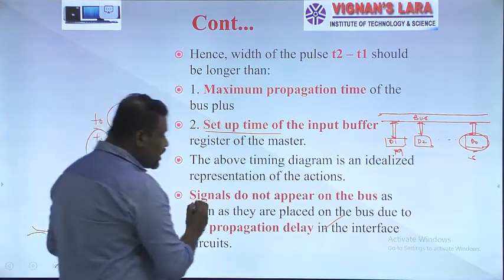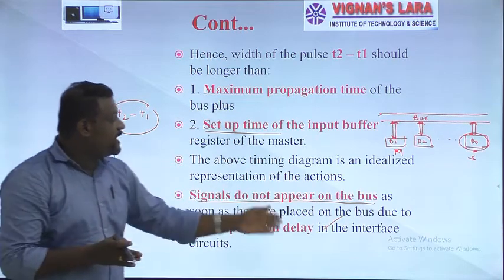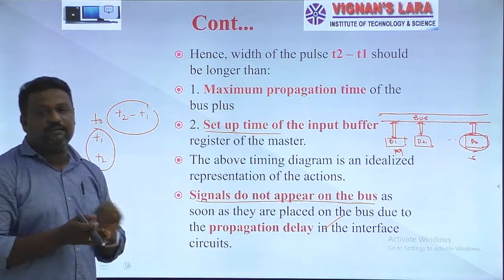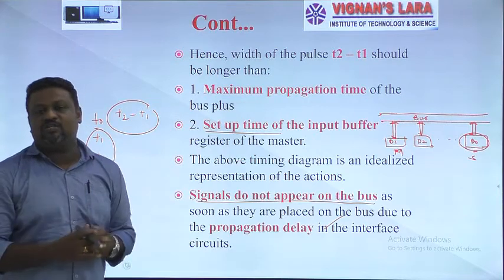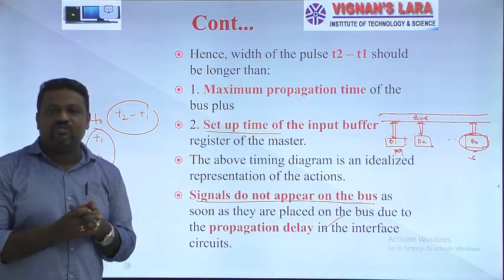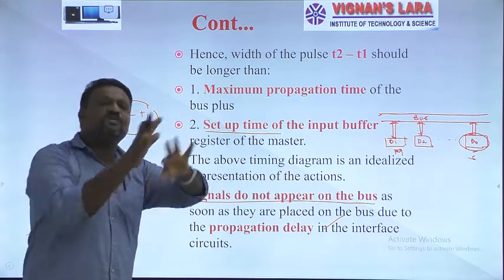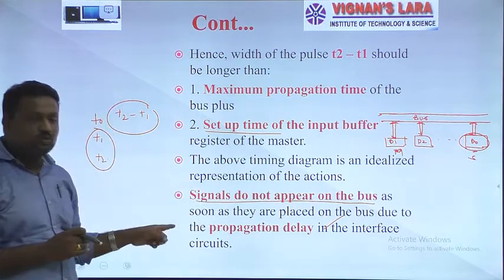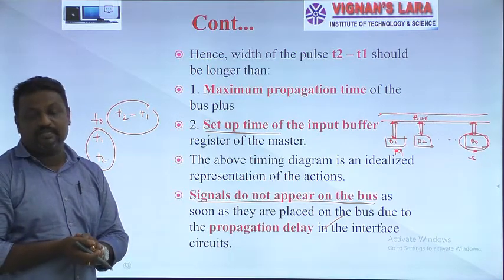We know that I/O devices are not directly connected to the system bus. They are connected through interfacing circuits. So this is a valid point: signals do not appear on the bus as soon as they are placed on it, due to the propagation delay in the interfacing circuits. Yes, it is true.